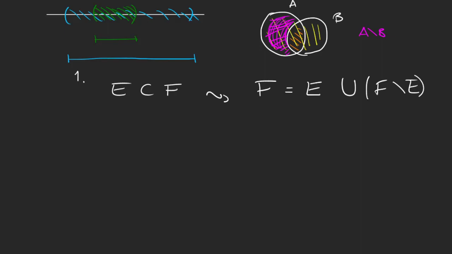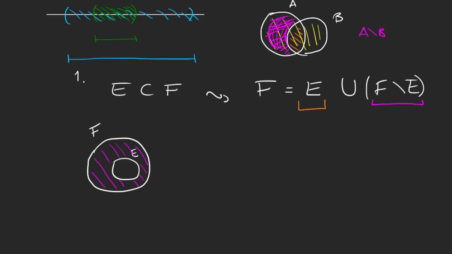So in this case, we have that E is contained in F. So if this big set is F and the smaller set is E, then F minus E is just all this part removing the inner circle. But then to this, we are adding E. So we are adding this portion we just removed.